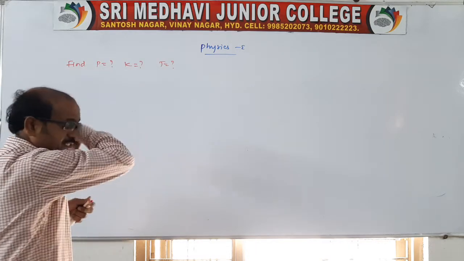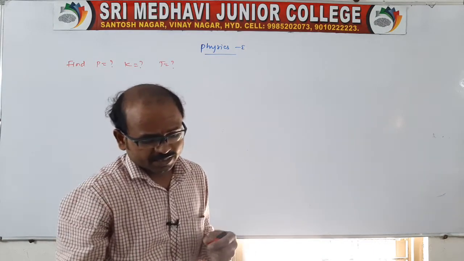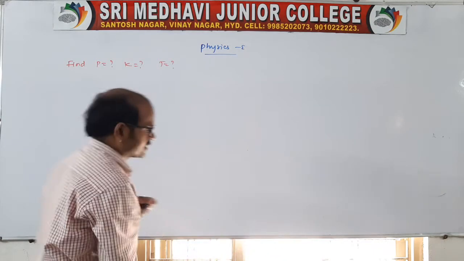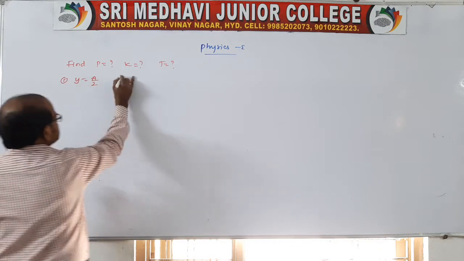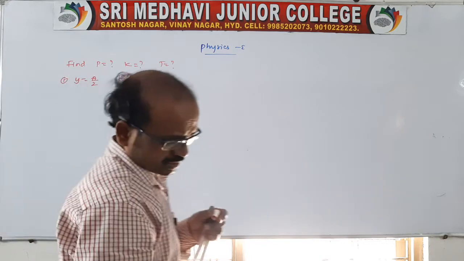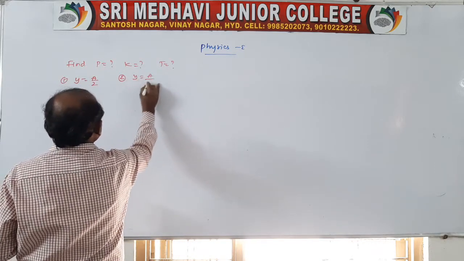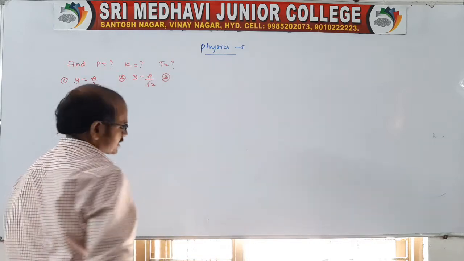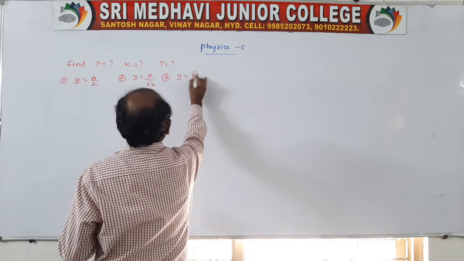We know the potential energy formula, the kinetic energy formula, and the total energy also, where the displacement given is y is equal to a by 2, one question. Second question, y is equal to a by root 2. Third question, y is equal to root 3 by 2 a.